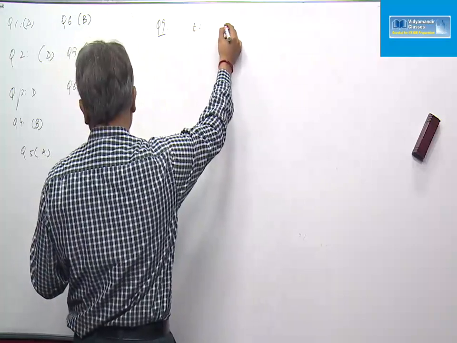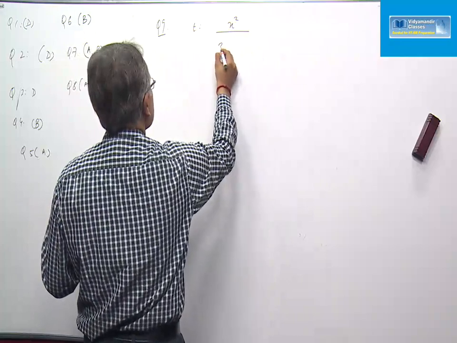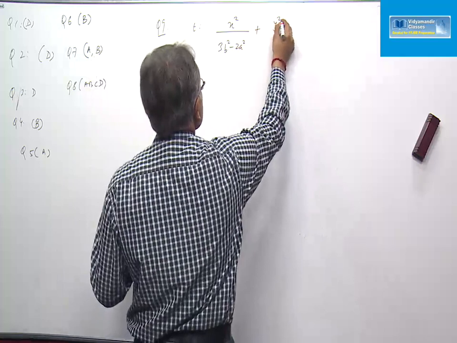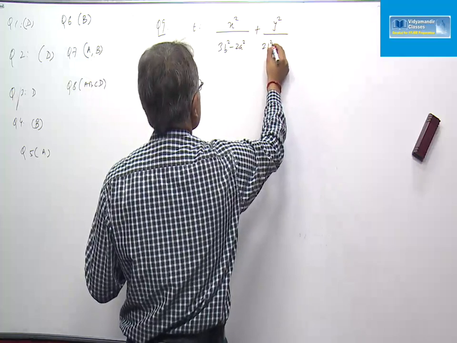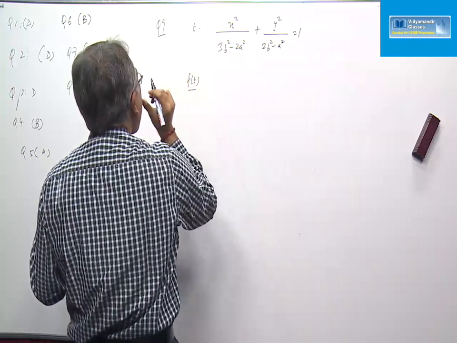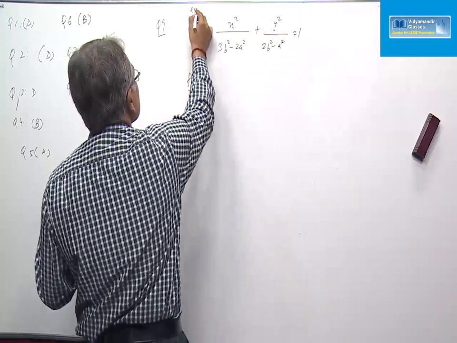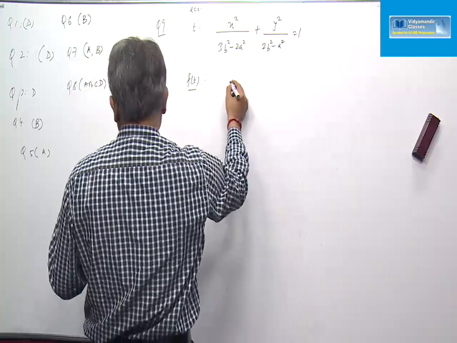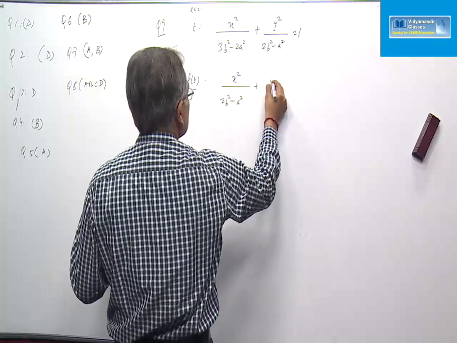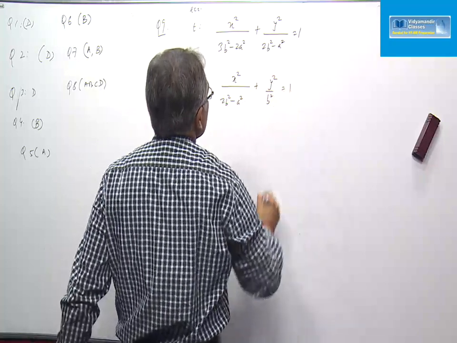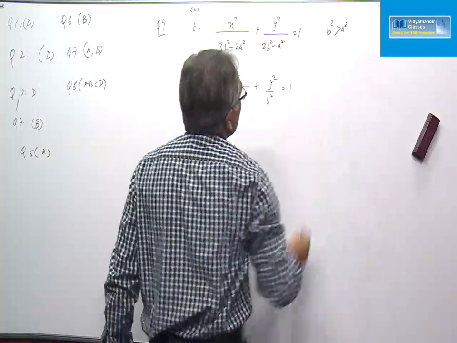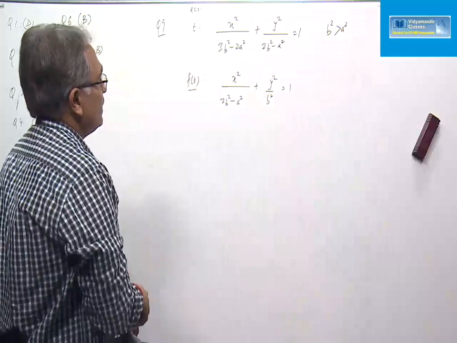T is the eccentricity of the ellipse x square by 3b square minus 2a square plus y square by 2b square minus a square equals 1, and f(t) is the eccentricity of the ellipse x square by 2b square minus a square plus y square by b square equals 1. It is further given that b square is more than a square.